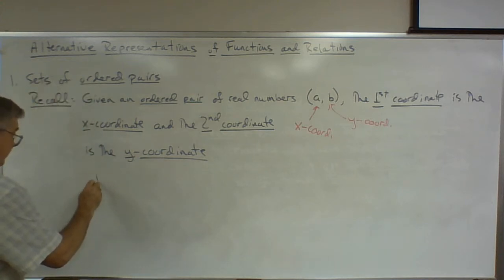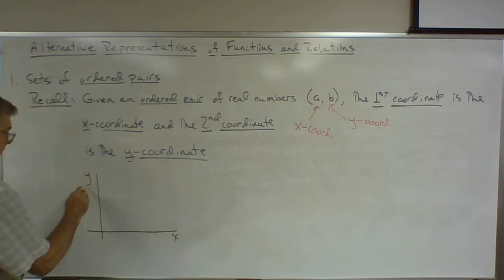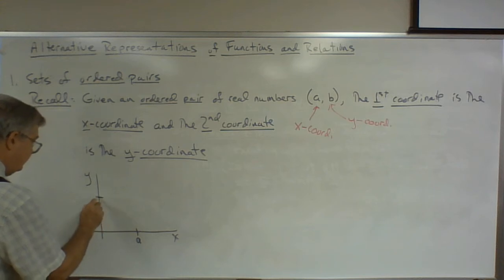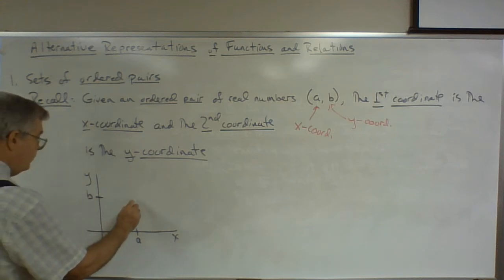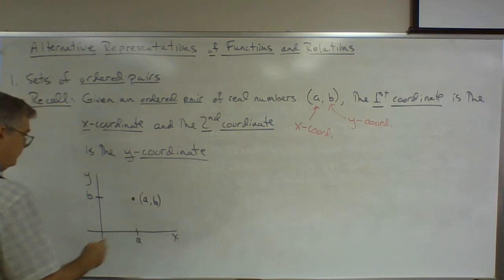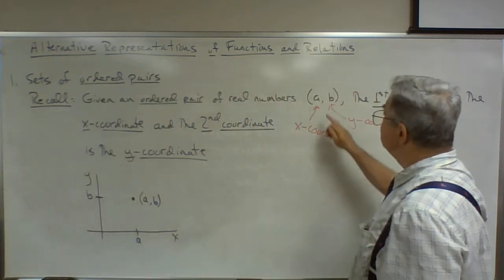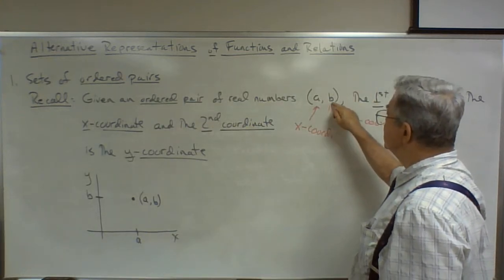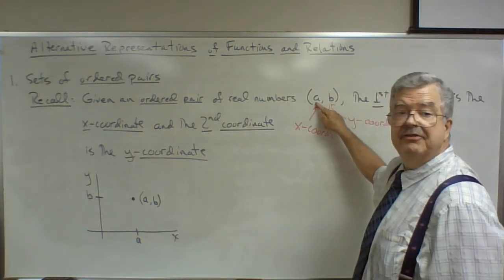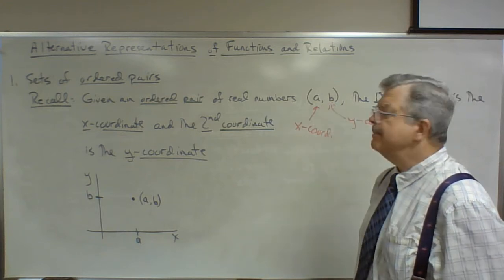And if we were graphing this, A would be a point on the x-axis, and B would be a point on the y-axis. So we associate the ordered pair (A, B) with sets X and Y. This is our x coordinate. This is our y coordinate.